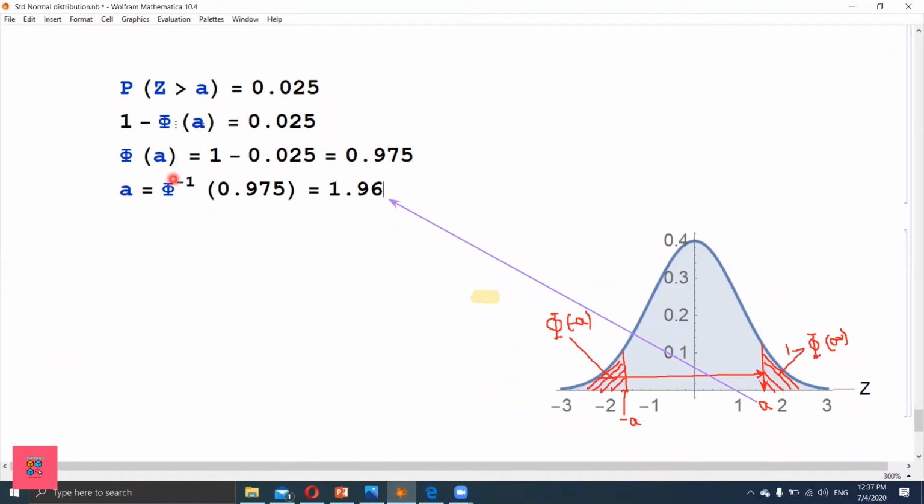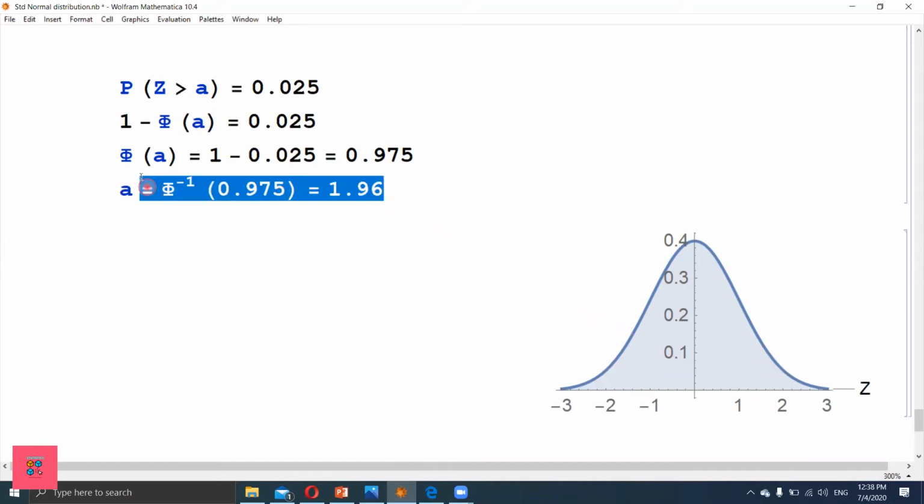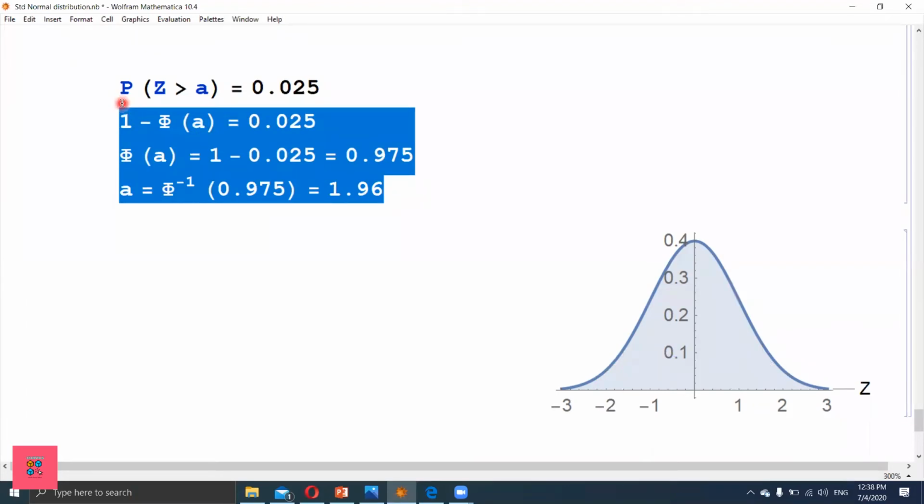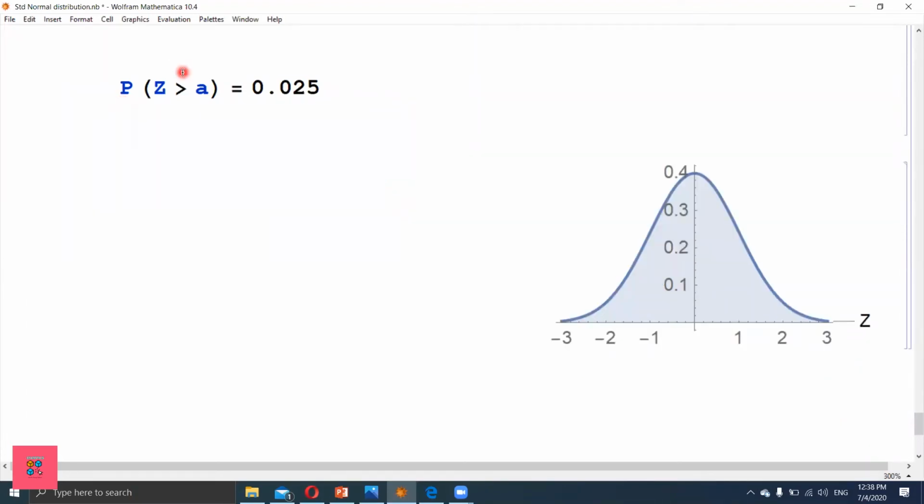Modulus z, if I vanish, clear all the drawings and clear this solution also. Modulus z less than a is 0.9.